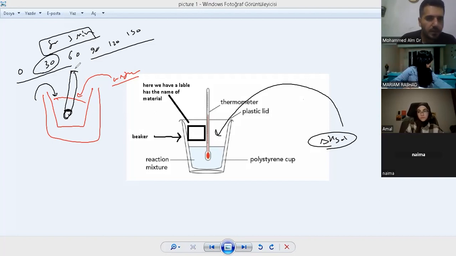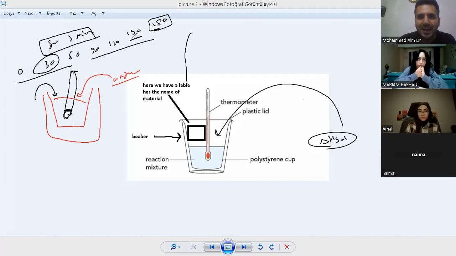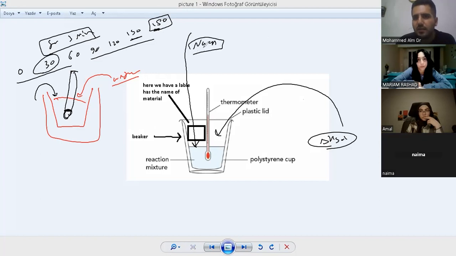Look, guys, at second 180, we add the substance that we want to measure its delta H of solution. For example, we add the NaOH. We add whatever you are going to measure at second 180.